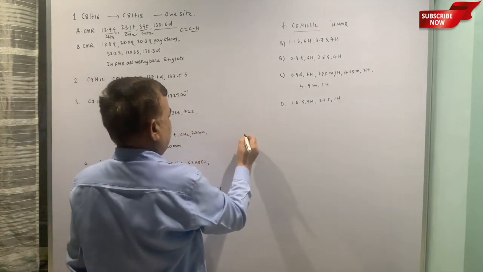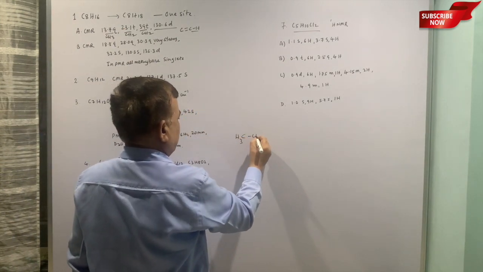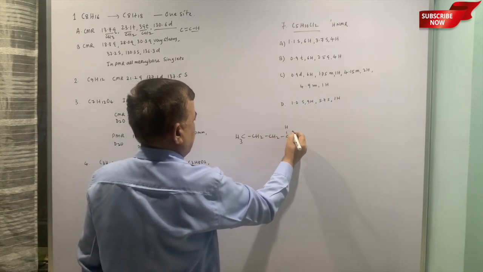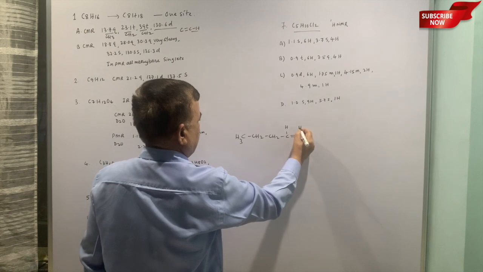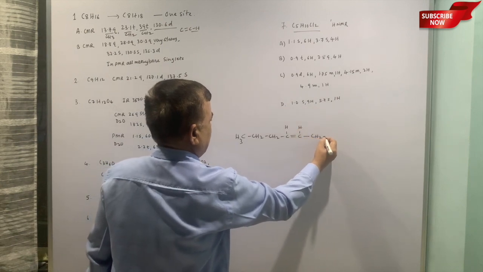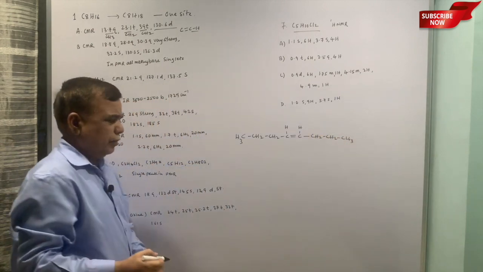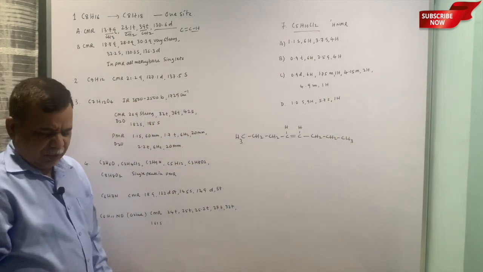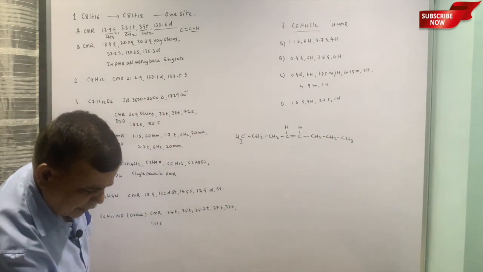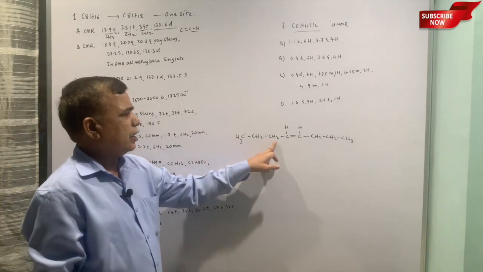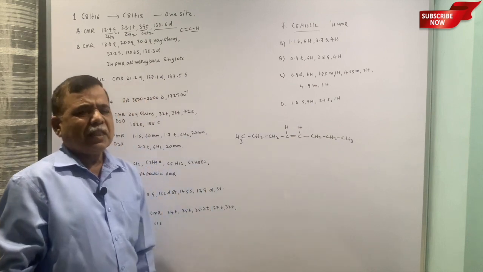So if we compile the things together, it looks like CH double bond CH, and of course it is a symmetrical compound, so you are bound to get an equal number of signals. Only 4 signals are there, because 1, 2, 3, 4 and the remaining half is exactly identical.